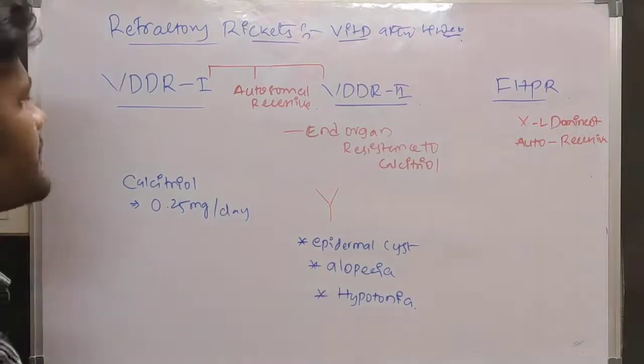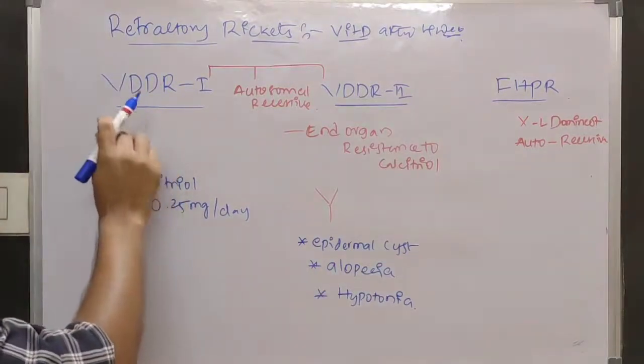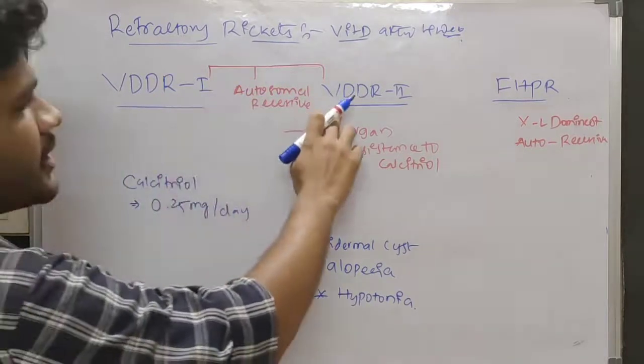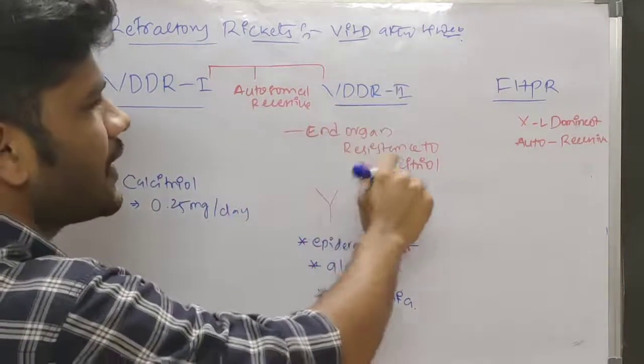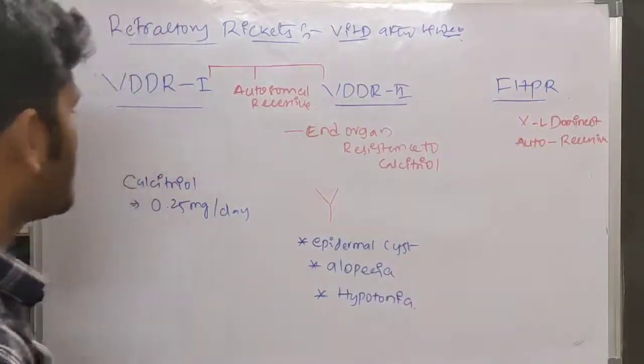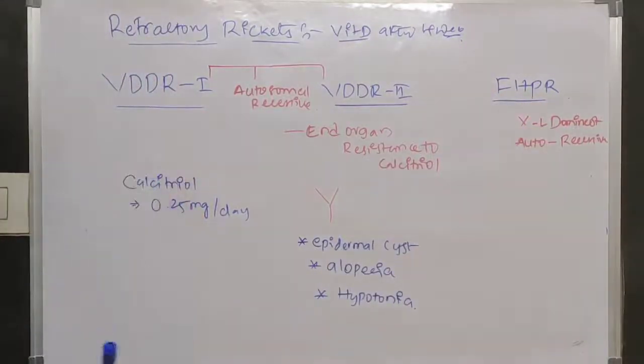It has 3 types: the vitamin D dependent rickets type 1 (VDDR type 1), the vitamin D dependent rickets type 2, and the familial hypophosphatemic rickets. In VDDR type 1, there is a deficiency of the 1-alpha hydroxylase enzyme.